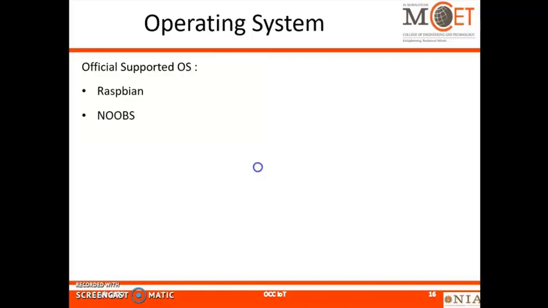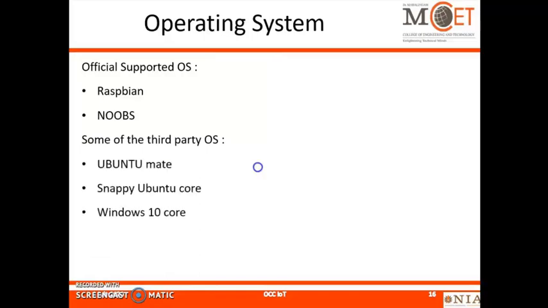Other than these, some third-party OS are there: Ubuntu MATE, Snappy Ubuntu Core, Windows 10 IoT Core, PiNet and RISC OS. These are all other OS that you can download from the net and use in the SD card slot to make use of the Raspberry Pi as a microcomputer.